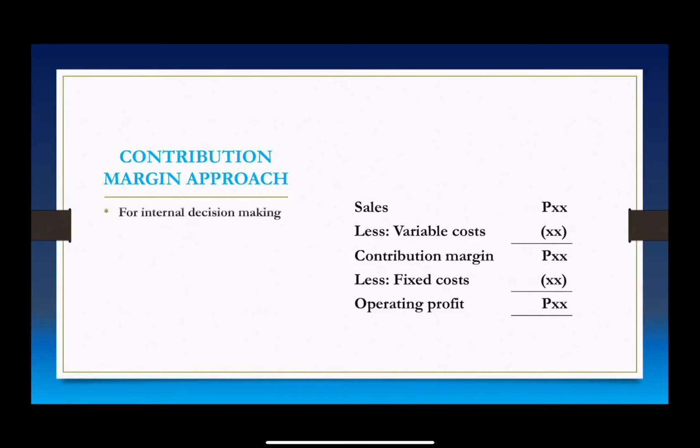This also segregates cost according to their behavior, such as variable and fixed, instead of whether they are product cost or period cost, such as cost of goods sold or selling, general, and administrative expenses. This approach is helpful in aiding sensitivity or what-if analysis.